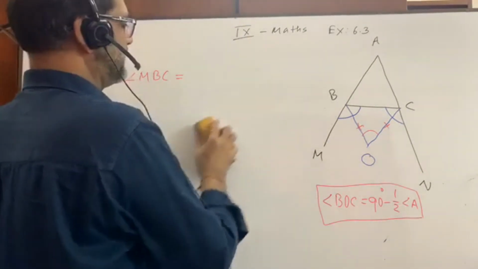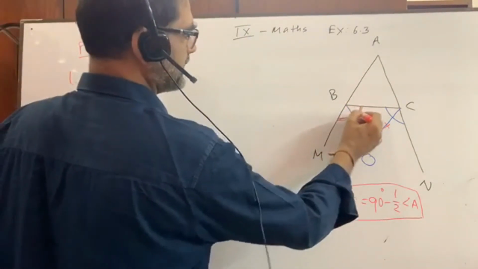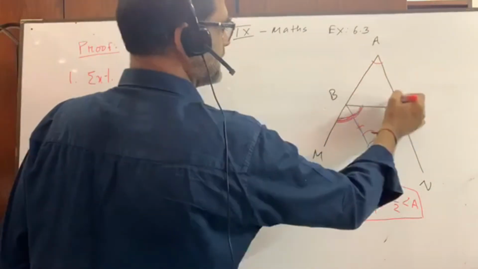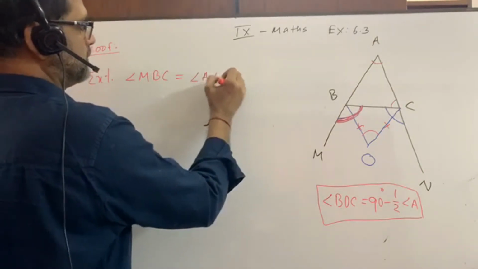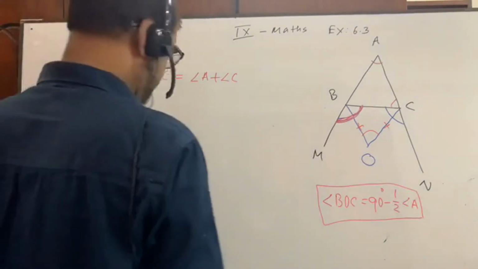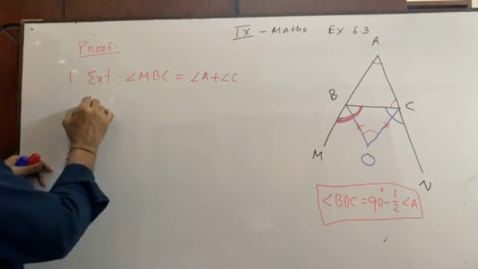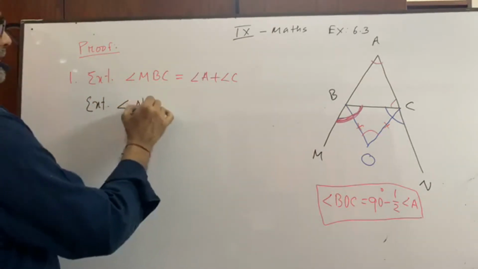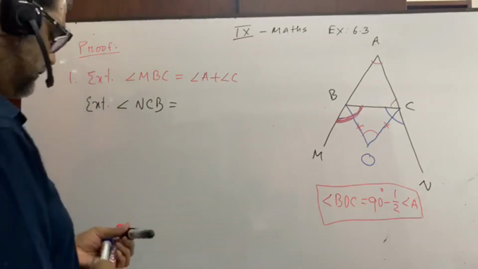So for angle MBC, we get this and this, that is angle A plus angle C. And for the triangle, write down exterior angle NCB is equal to, you see, NCB. How does it come?